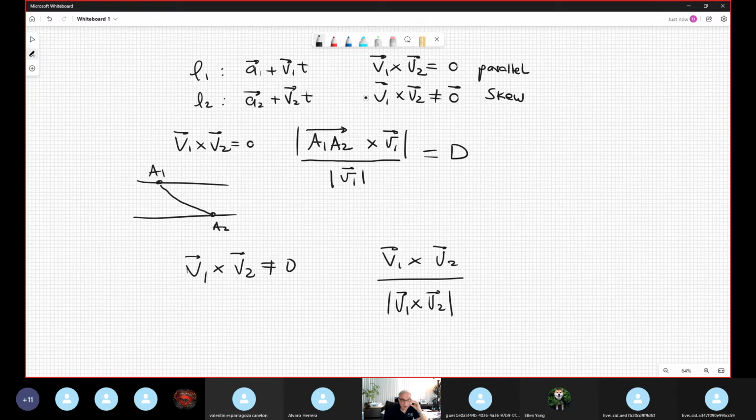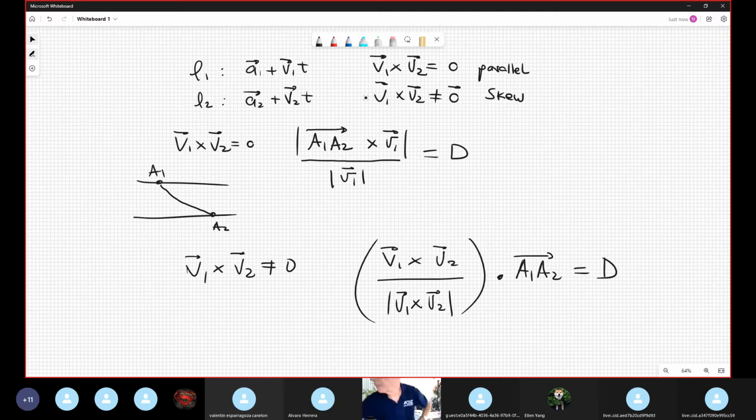After, a similar idea to this. You take the vector in between 2 points on the lines and perform the dot product. A1, A2. Boom. And it gives me the distance in between the lines. Super cool or super complicated? Cool or complicated? All right, that's the problem. What's the answer? Oof. What's going on? Okay, good. A ver. Opinion, guys. Cool?